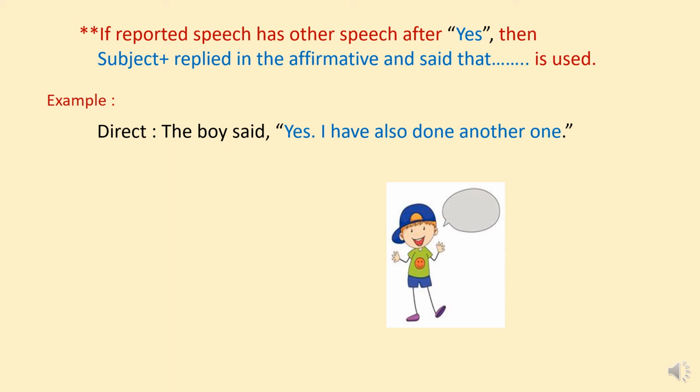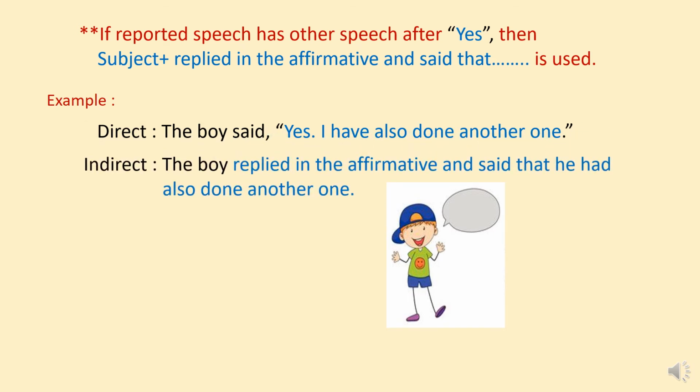In indirect, it will be changed: the boy replied in the affirmative and said that he had also done another one. What can you see? In indirect speech, the boy, subject, replied in the affirmative and said that he had, plus the rest of the part of the sentence, also done another one.